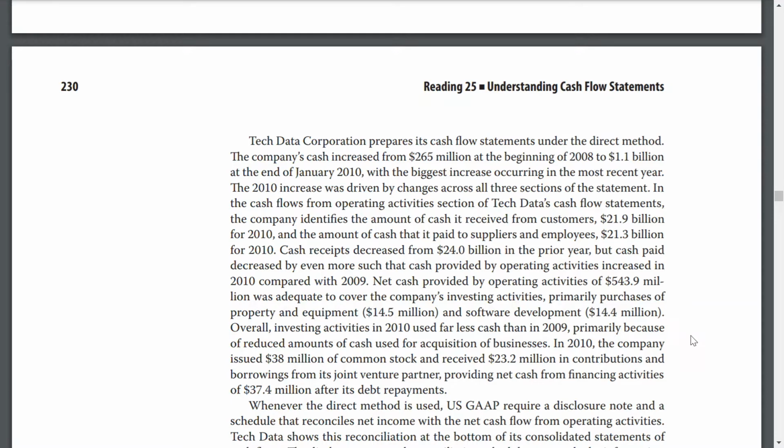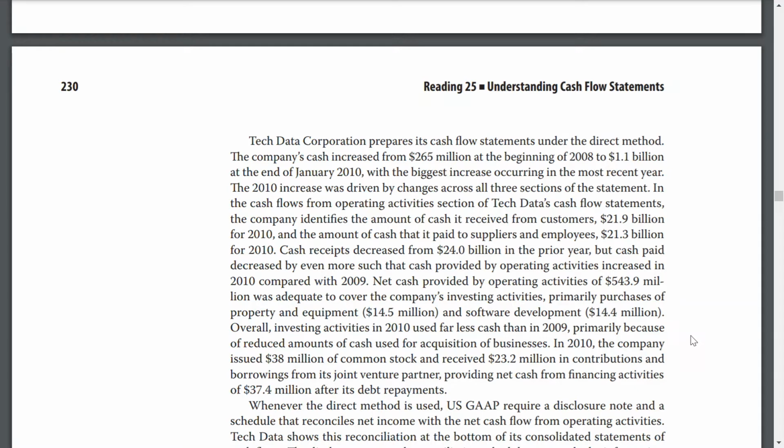Net cash provided by operating activities of $543.9 million was adequate to cover the company's investing activities, primarily purchases of property and equipment and software development.